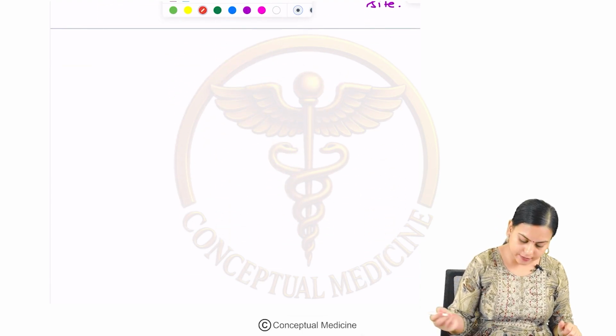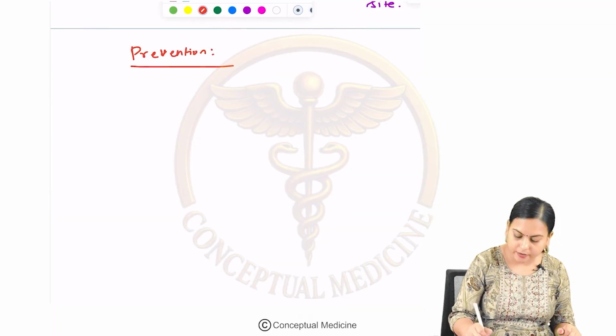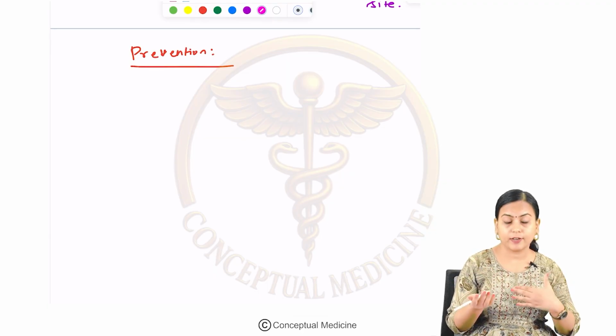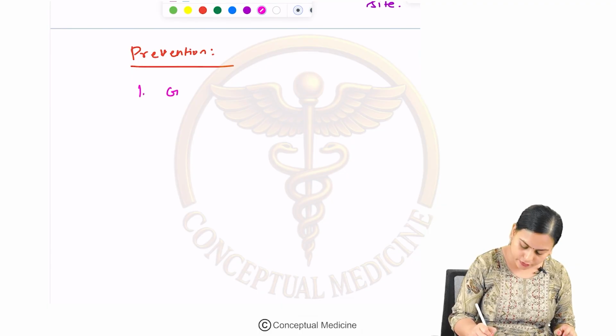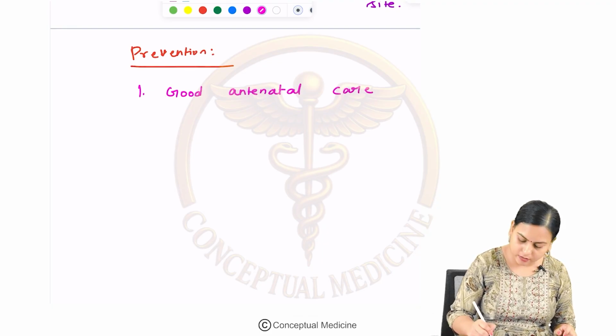And next one is, you have to know how to prevent the occurrence of urinary fistulas, okay, especially during labor. So, you should offer them good antenatal care.